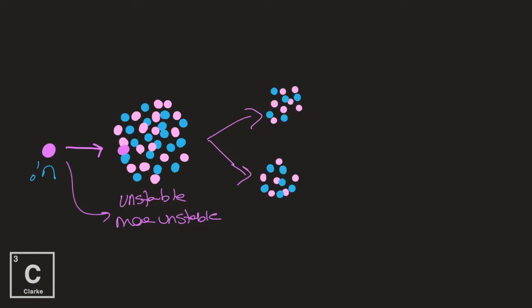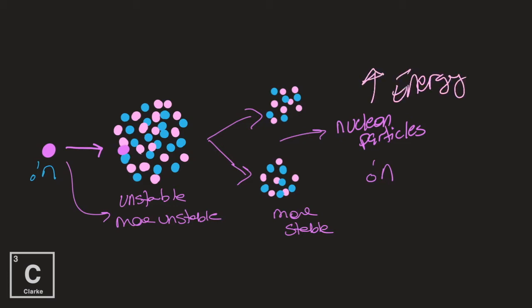And after this split occurs, these two smaller nuclei are much more stable. Not only do we get these two smaller nuclei, we're also going to get debris. We're going to get nucleon particles, oftentimes in the form of neutrons. When this large nucleus broke through the nuclear binding energy to split into two smaller nuclei, that energy has to go somewhere. This atom is going to release that energy into the atmosphere, and it is a lot of energy.